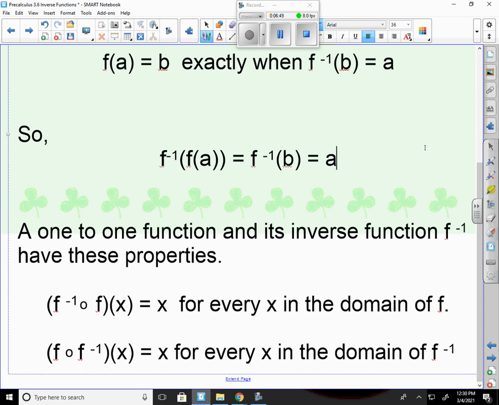And it works in the exact opposite way. If I take f inverse and view the composition of that with f of x, for every x in the domain of f inverse, that gives us just x.